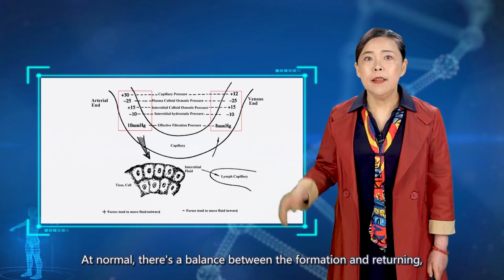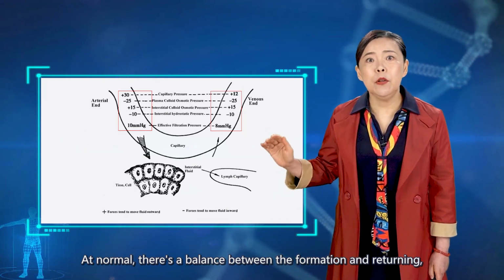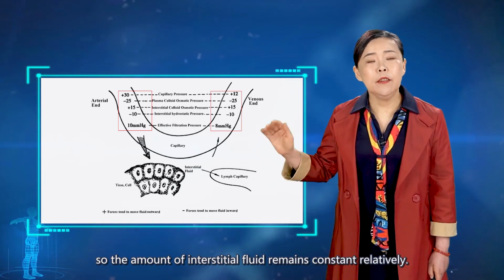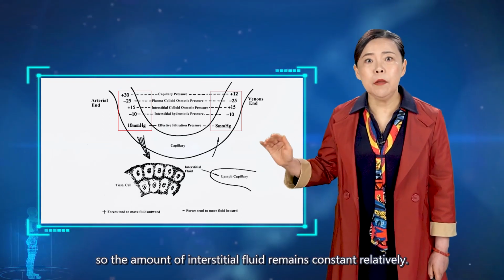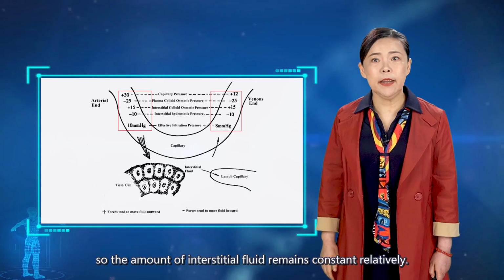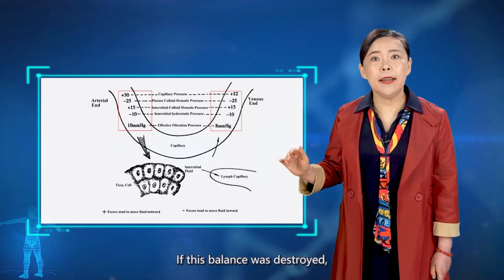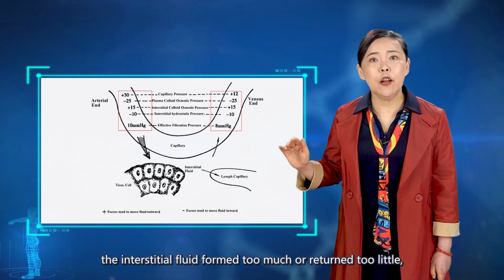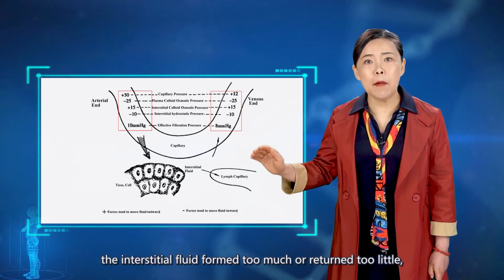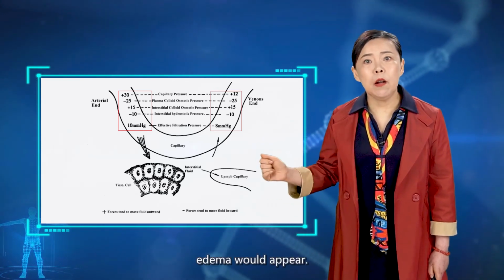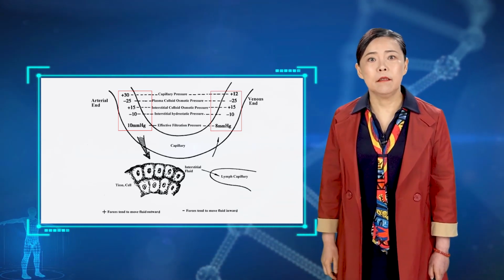At normal, there's a balance between the formation and the retaining, so the amount of interstitial fluid remains constant relatively. If this balance was destroyed, the interstitial fluid formed too much or returned too little, edema would appear.